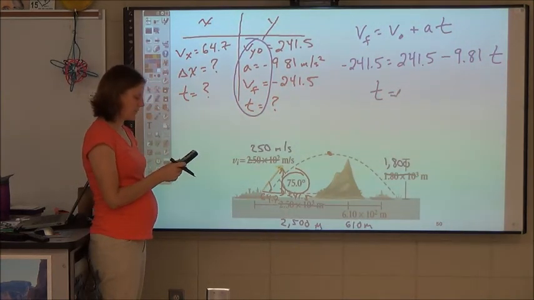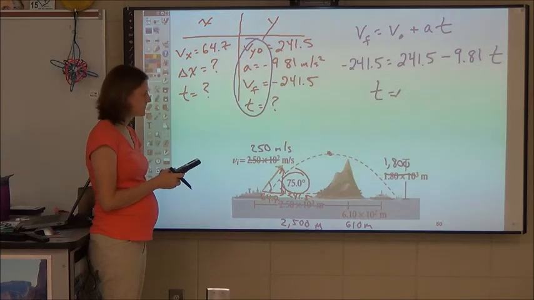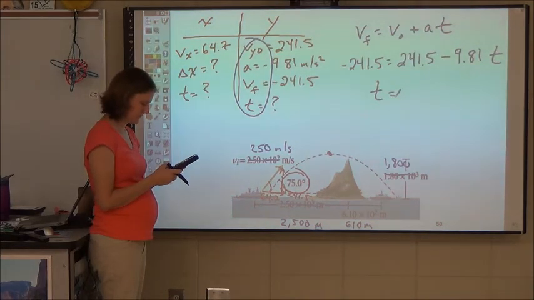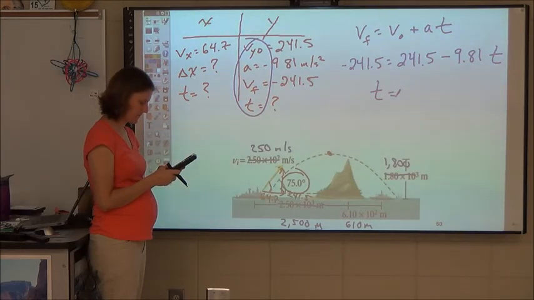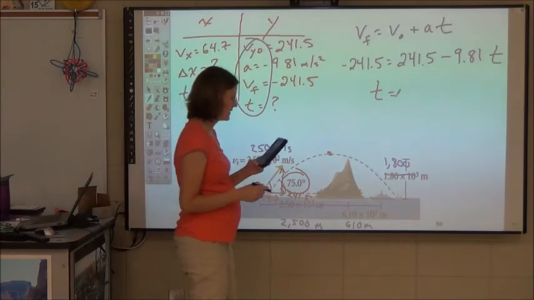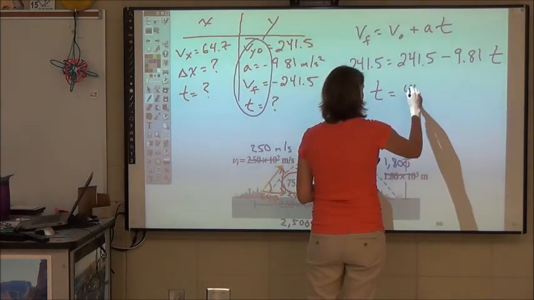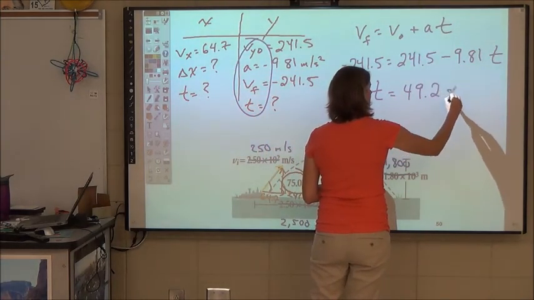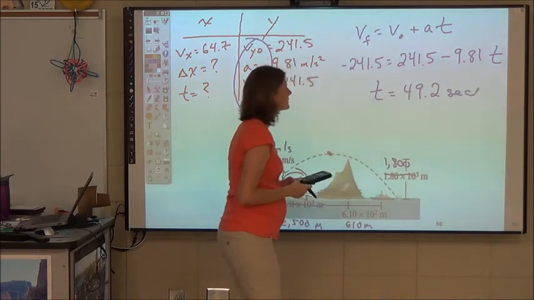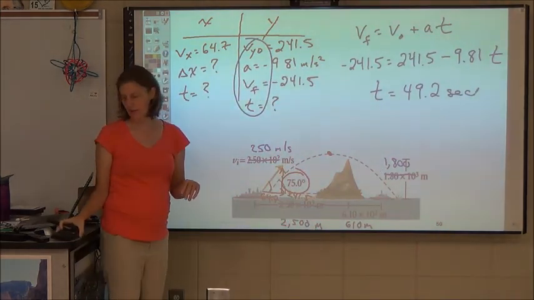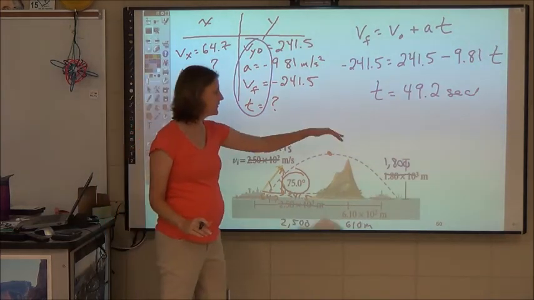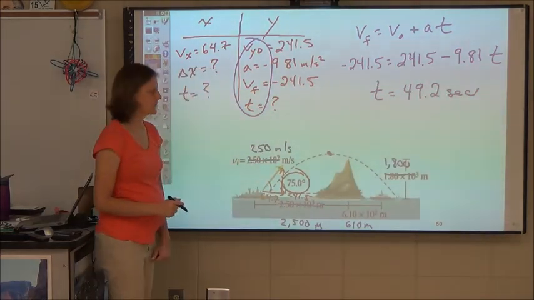And solve for time. So that just tells me that the projectile is in the air for its full flight, 49.2 seconds.